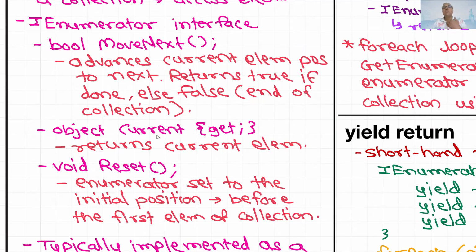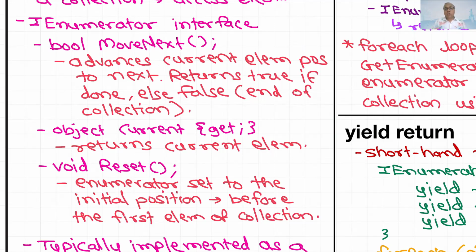So if you want to write your own enumerator, you need to implement the MoveNext method as well as the Current method. Apart from this, it also provides one method called Reset. The Reset method will reinitialize the enumerator to its initial position.